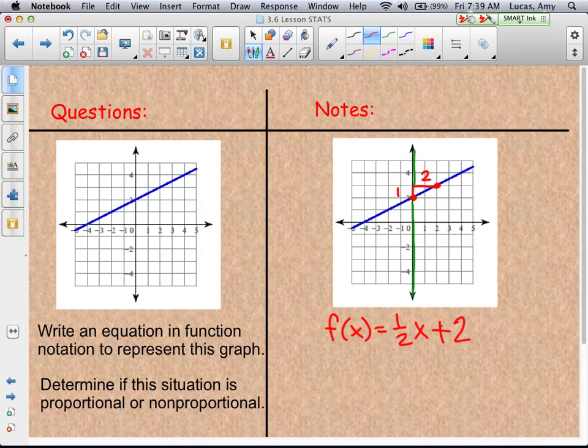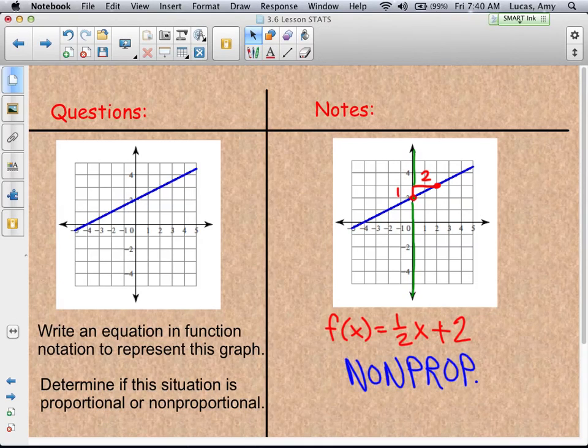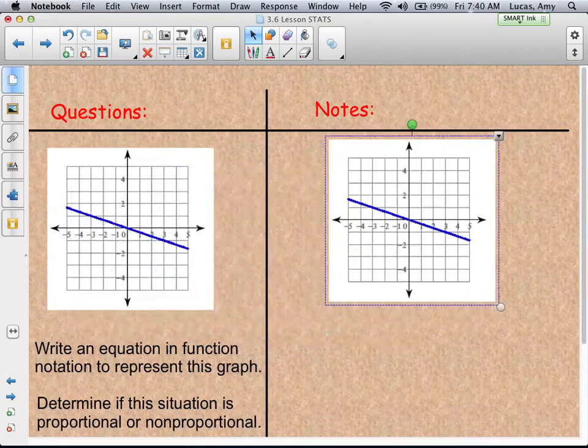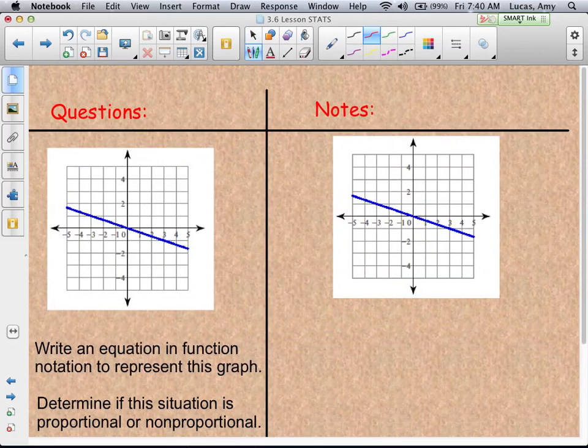Now determine if it's proportional or non-proportional. Well, it's a line, but it doesn't go through 0, 0, so it's non-proportional. Next one. 2 points to find the slope. I always go with the intercept for one of them, if I can. And then move over to the right to find the next good point to use.